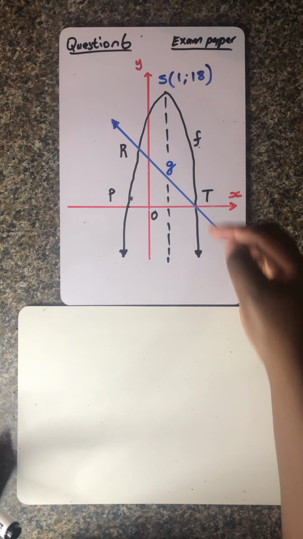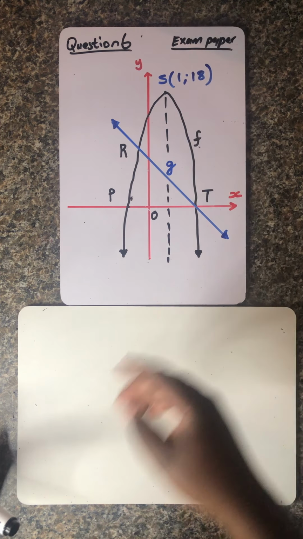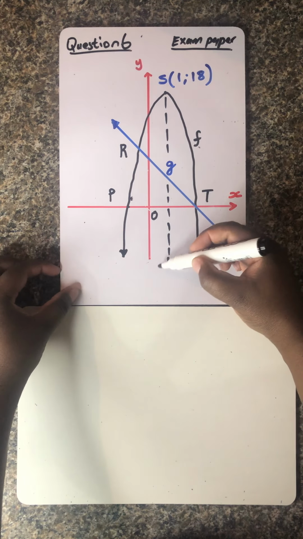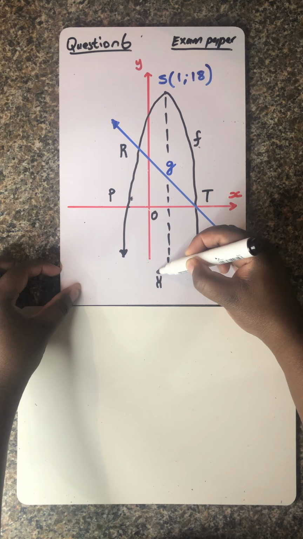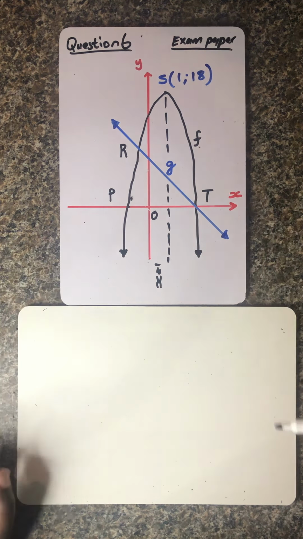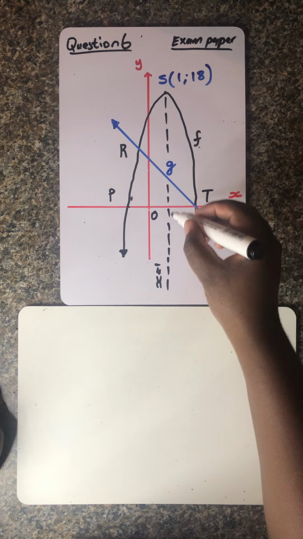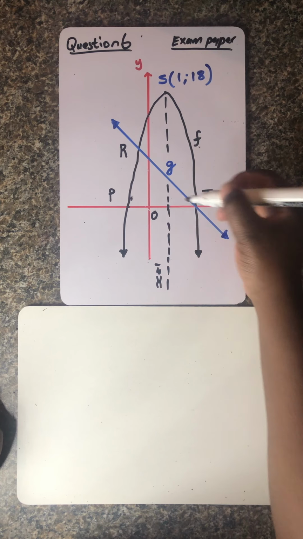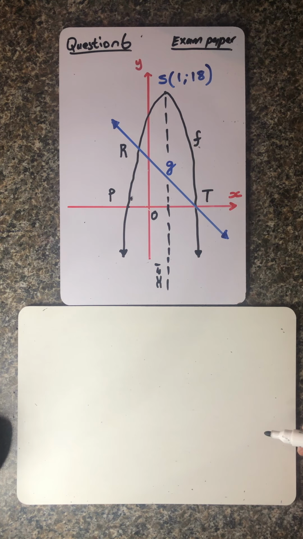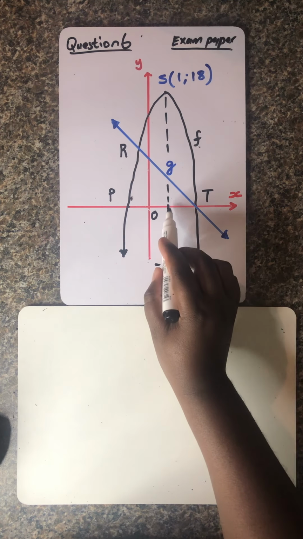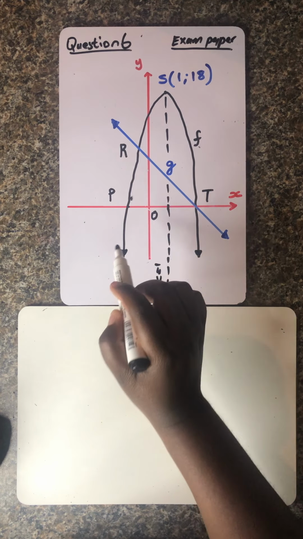Now that we know that axis of symmetry, we can represent it to say this is where x is equal to 1. I hope you understand this. So that point over there is where x is equal to 1, which means from that point to T, it's equal.